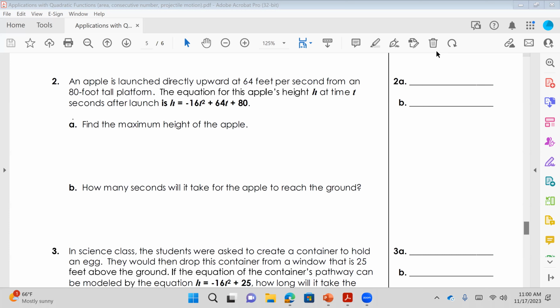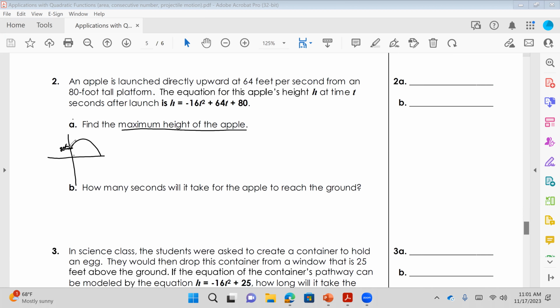So we want to know what is the maximum height of the apple. Okay, so let me draw a picture of what this looks like. The apple goes through the air from an 80-foot tall platform. So let's say this is 80 feet. It launches and then it hits the ground.